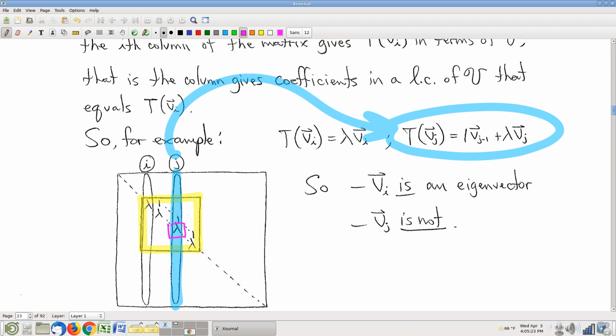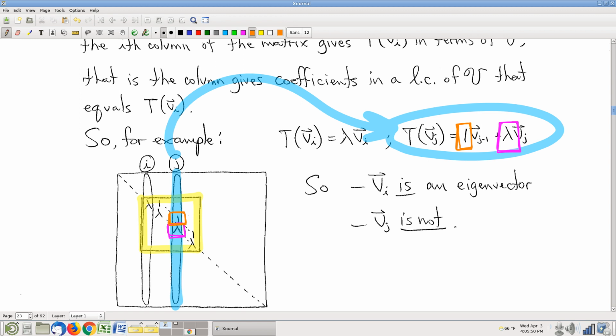I have a lambda on the diagonal, so I get lambda Vj. And then I also have, use orange, a 1 just above the diagonal. So I have a 1 just before the lambda in the list of coefficients. Therefore, I have 1 times the previous Jordan basis vector, Vj minus 1.